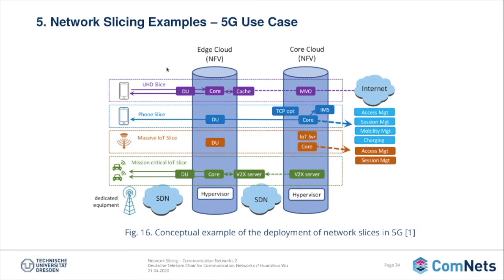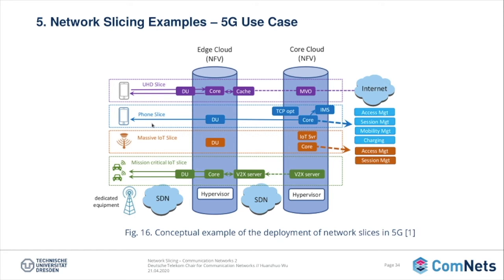The ultra-high definition slice allows a mobile virtual operator to deploy its streaming service by deploying dedicated functionalities at the edge of the network, in order to employ resource management, reduce latency, and avoid network congestion.